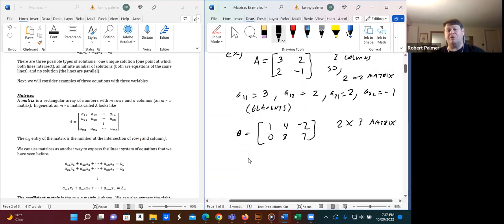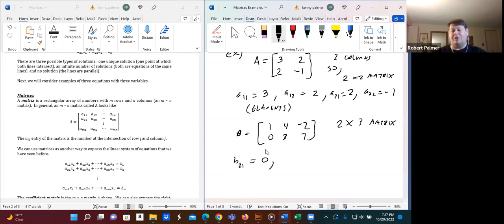And then I want to know, for example, what is b2,1? We'll call this small b, since it's matrix B. Well, that's the entry in row 2, column 1, that's 0.